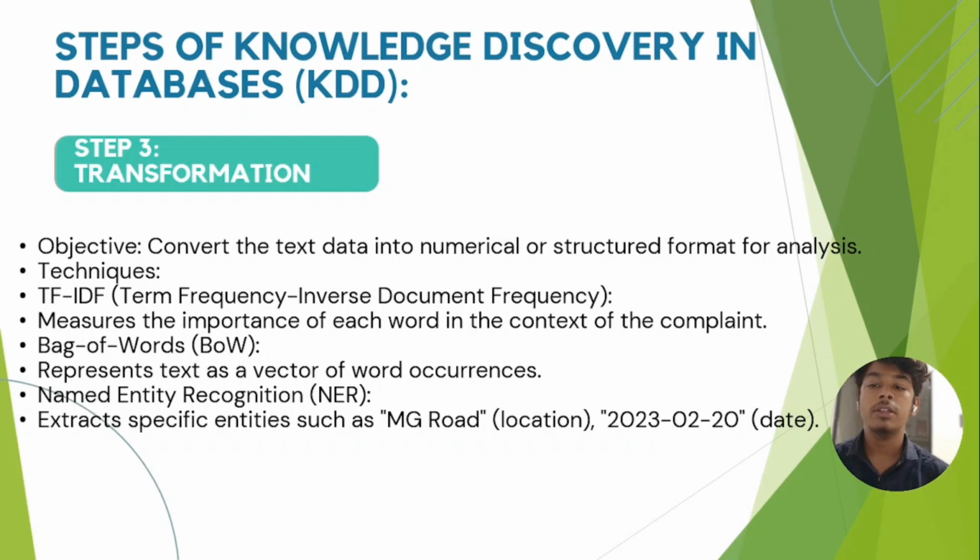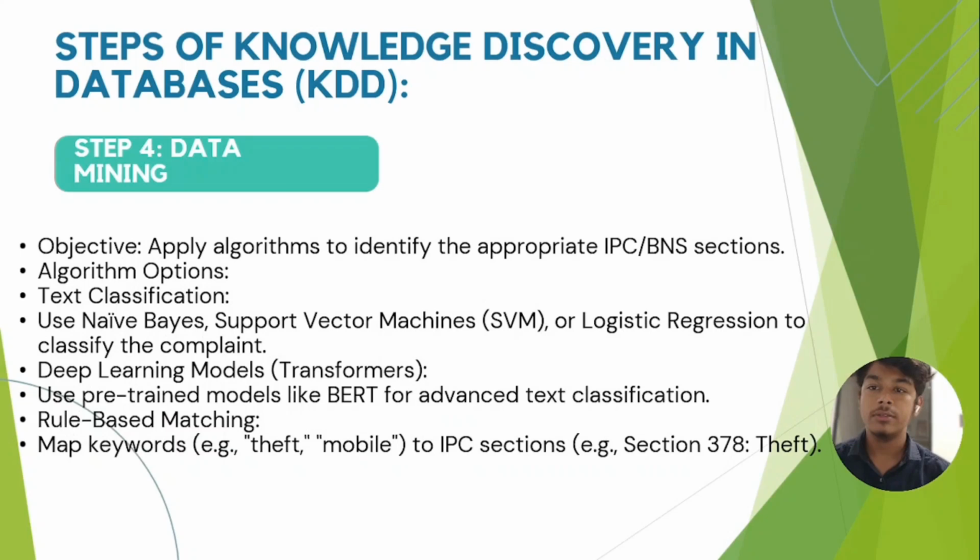We can use methods like TF-IDF, term frequency inverse document frequency, or the bag of words to represent text as a vector of word occurrences. In the transformation stage, it extracts specific entities such as MG Road, location, and date.